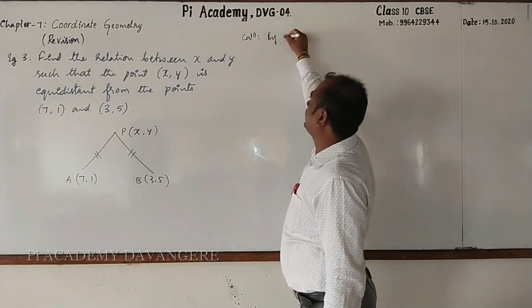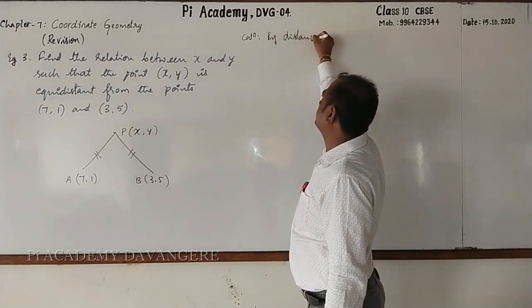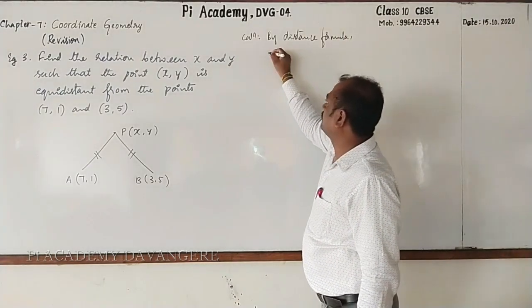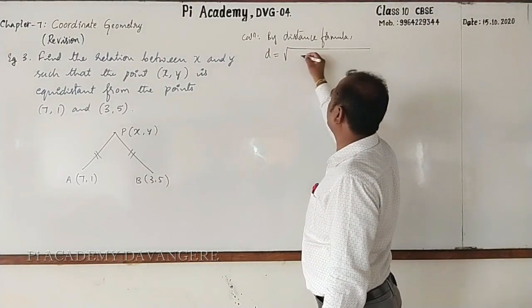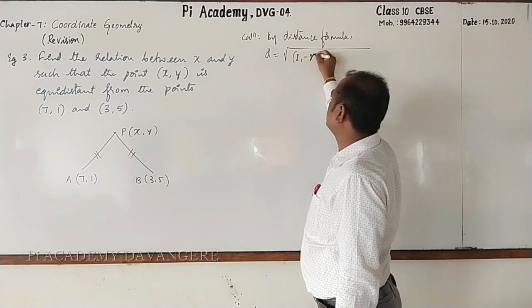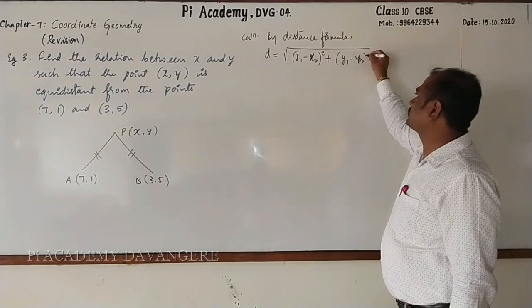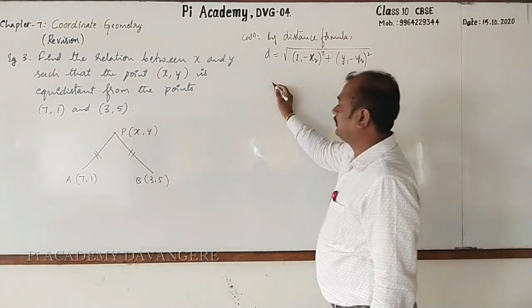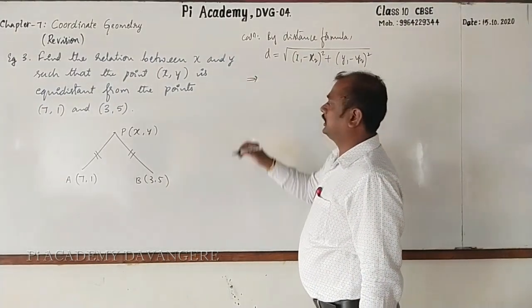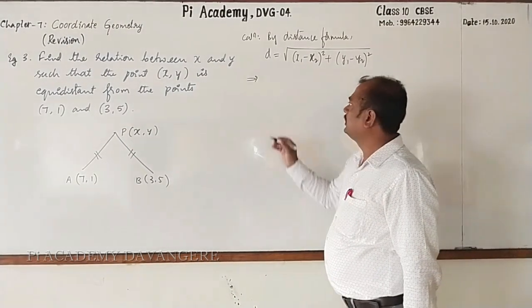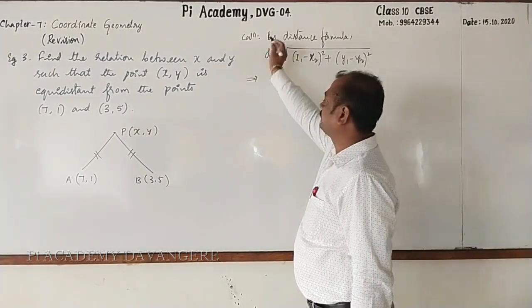By distance formula, D is equal to square root of (x1 minus x2) whole square plus (y1 minus y2) whole square. Then we all know that AP and BP are equal. Let's go for finding one by one.